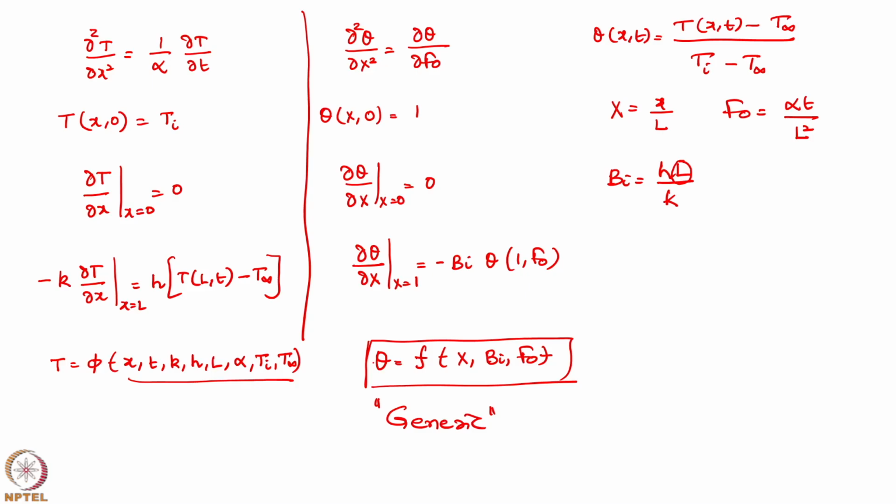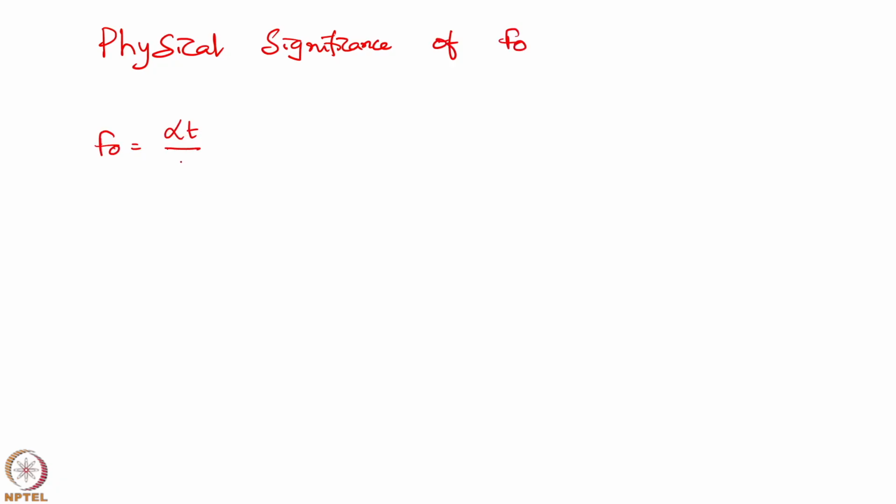So now the next question is, what is the physical significance? Before we move on to the plane wall and try to solve the problem, what is the physical significance of the Fourier number? Fourier number is equal to alpha t by L squared.